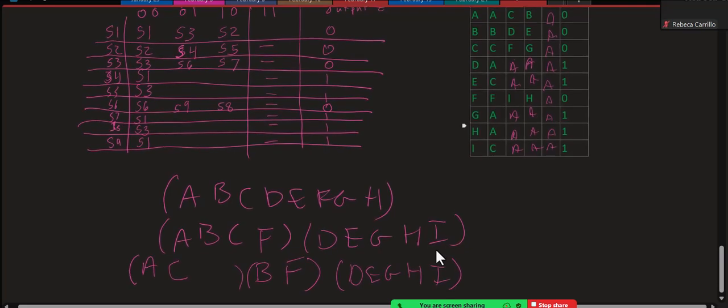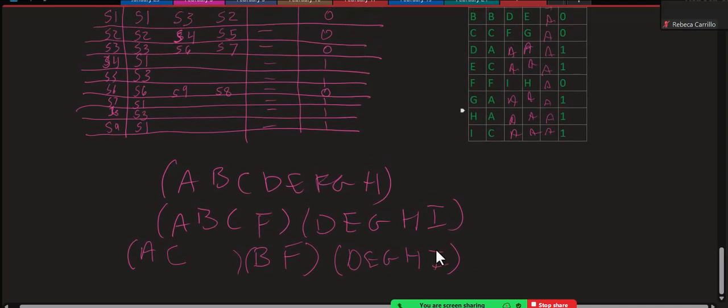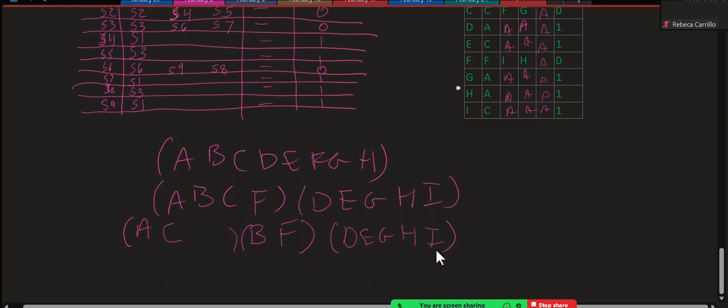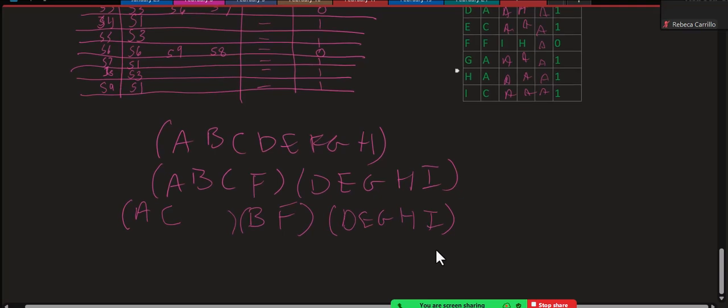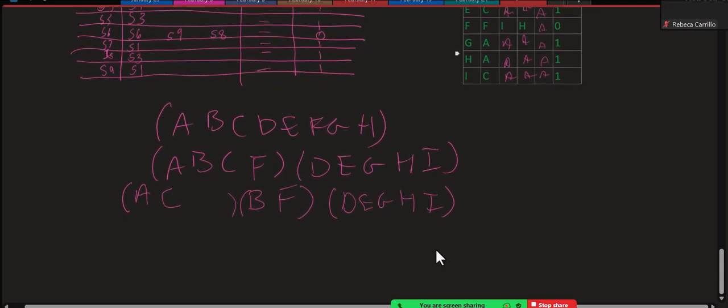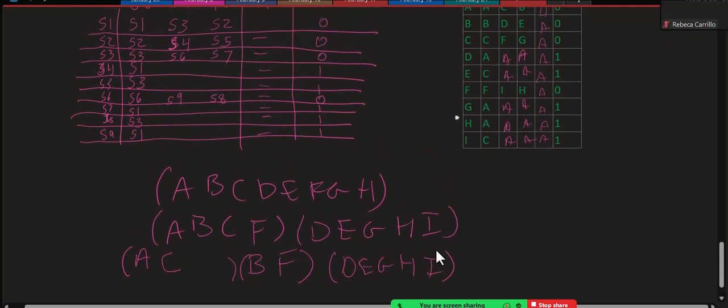Now that A and, what is it, F are split up? Or like A and C and B and F, like the right side should all just split up there. Yeah. So let's see.